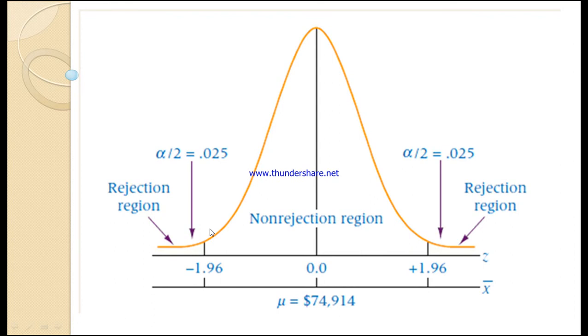Therefore, if the calculated or observed Z value is between negative 1.96 and positive 1.96, we do not reject the null hypothesis, but if it is greater than positive 1.96 or less than negative 1.96, we reject. This is how we can show the non-rejection and rejection regions.